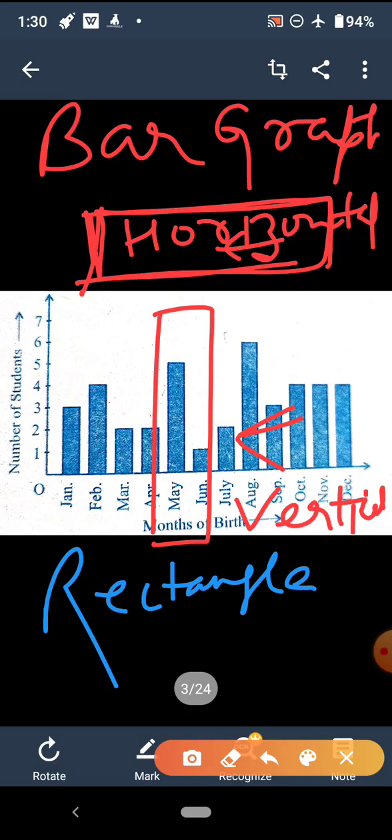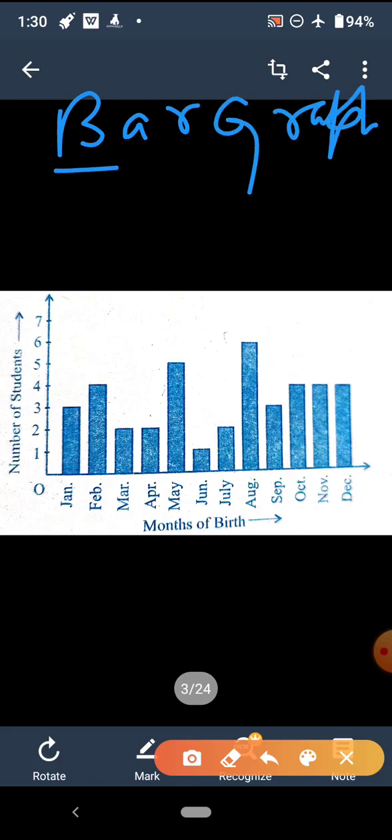Let me explain the definition of a bar graph. What is a bar graph?